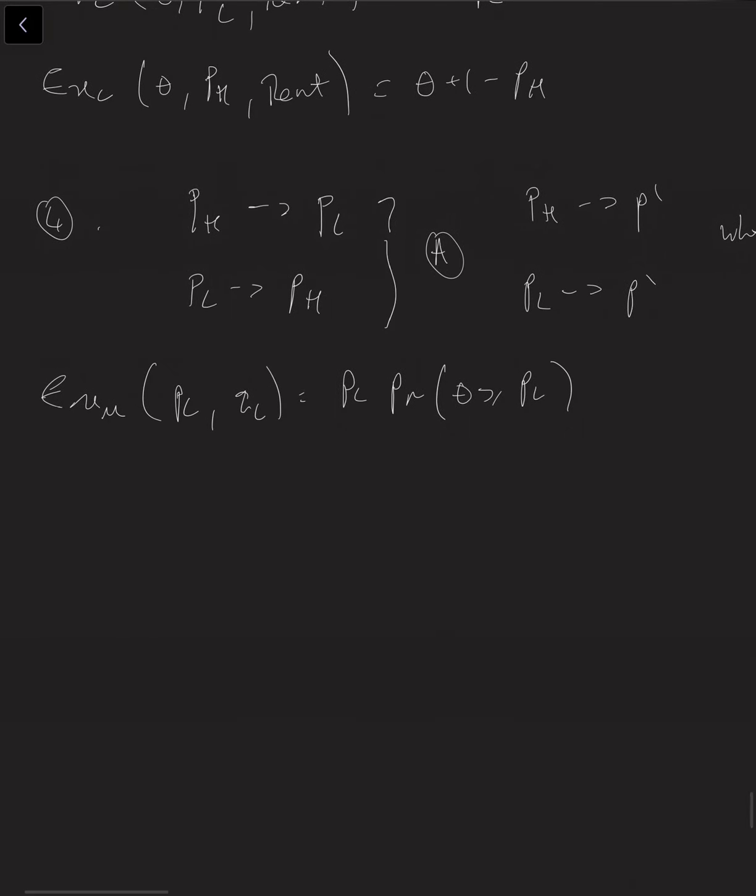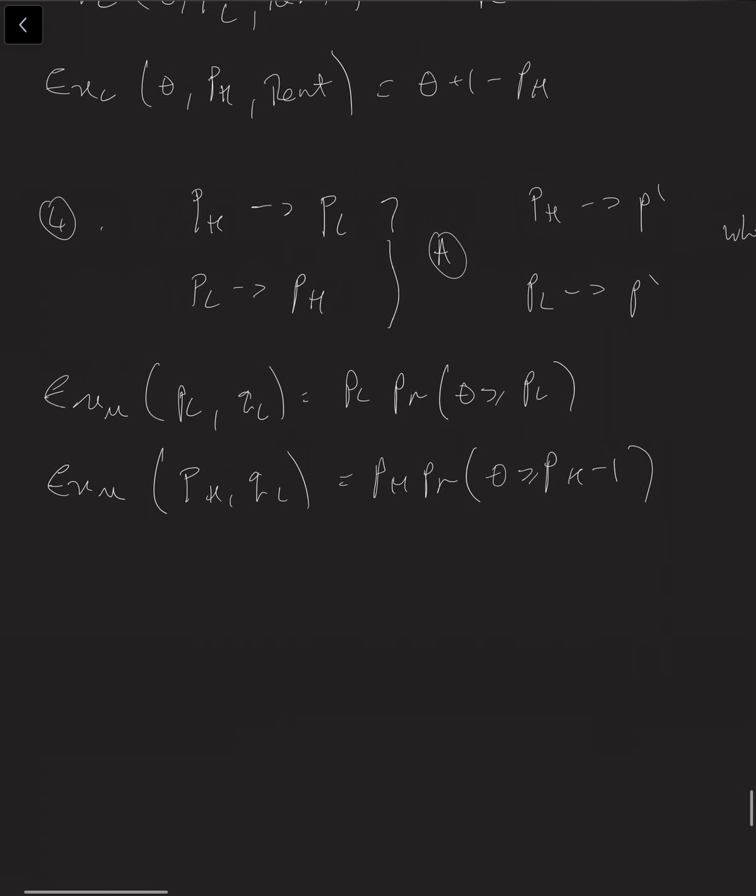That is, what does Monica get if she posts the low quality flat at PH? She's going to get PH times the probability that theta is greater than or equal to PH minus 1. Again, this just follows from the strategy specification above.